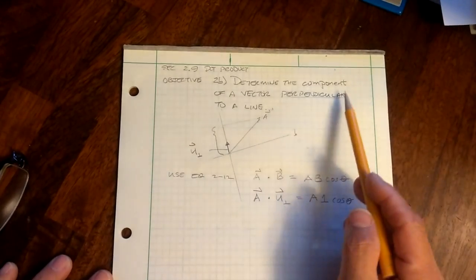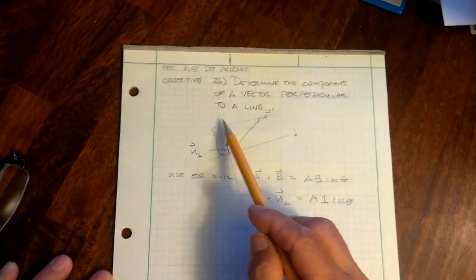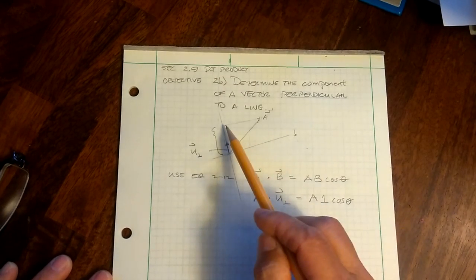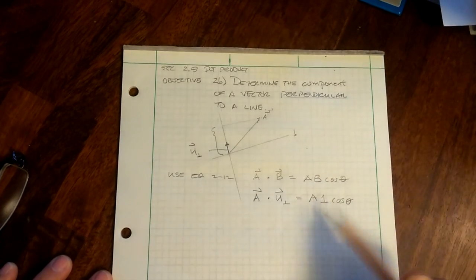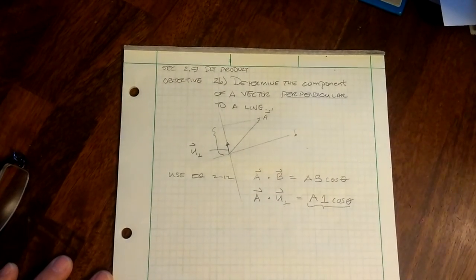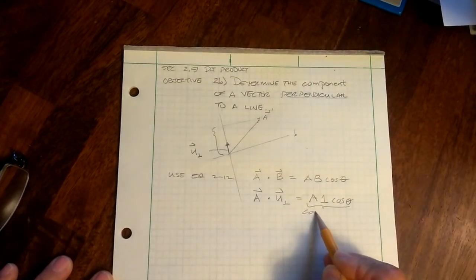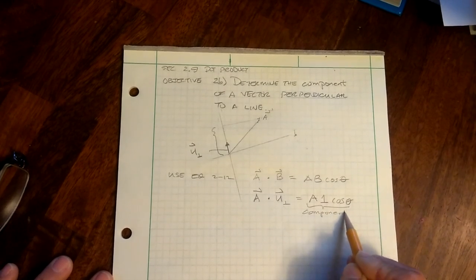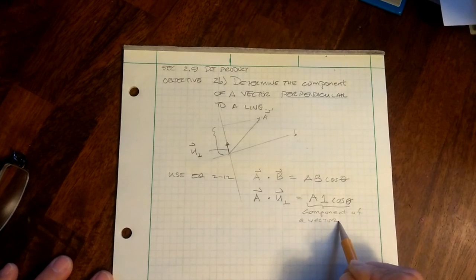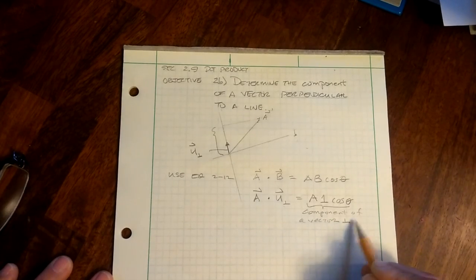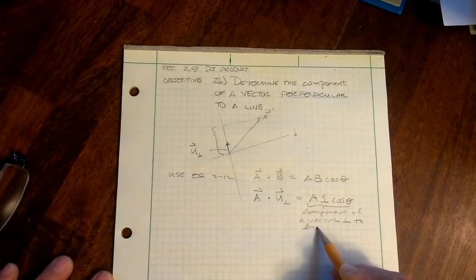So the component of the vector that's perpendicular to this line B is this length right here, and that's given by this term. So this is the component of a vector perpendicular to line B.